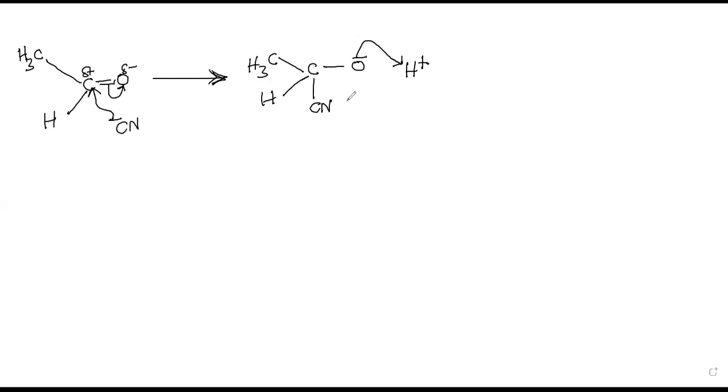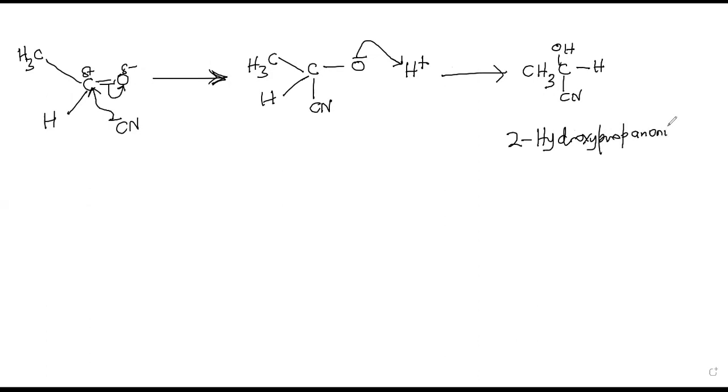Right, you should mind your bonds. Your bonds should not be waves, okay? So here we shall form CH3, C, OH, CN, then H. And this can be read as 2-hydroxypropanonitrile.